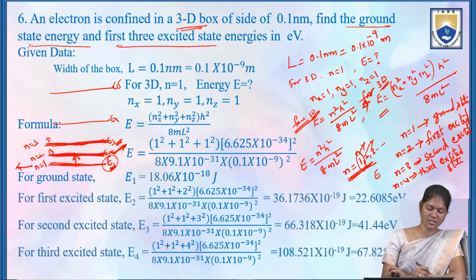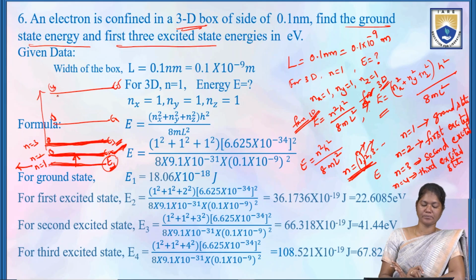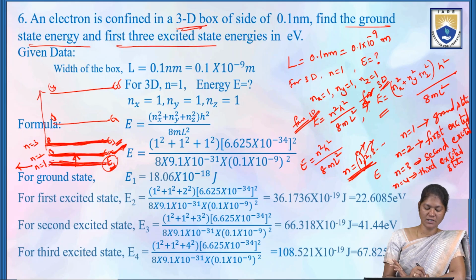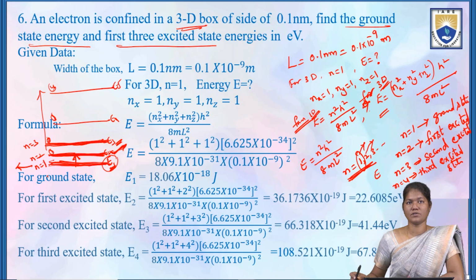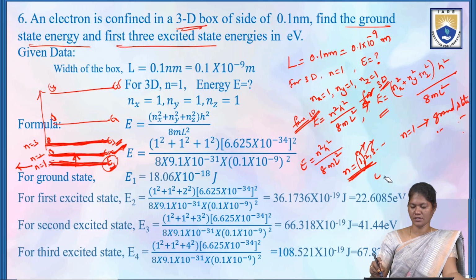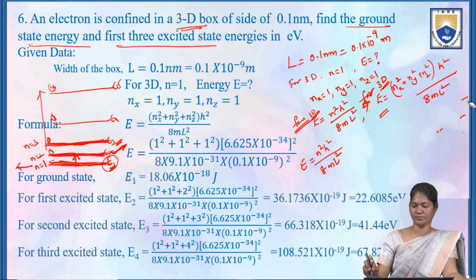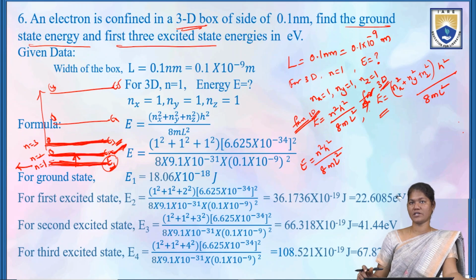So first, second, third, fourth, these are the excited states. Here n is equal to 1, we'll get the ground state energy. So n is equal to 0 does not exist, because a particle with zero energy does not exist in the potential box.